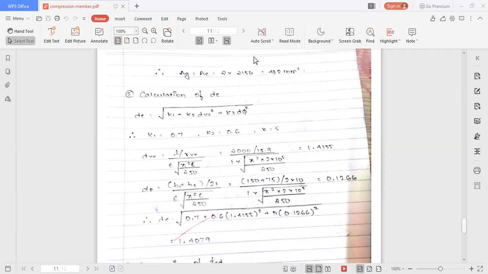Abdullah, how do we take the values of K1, K2, K3? Ma'am, it's in table number 12 of page 48. Yes, correct. Table number 12 from page number 48, you have to take the values of K1, K2, K3 from your IS 800 2007.